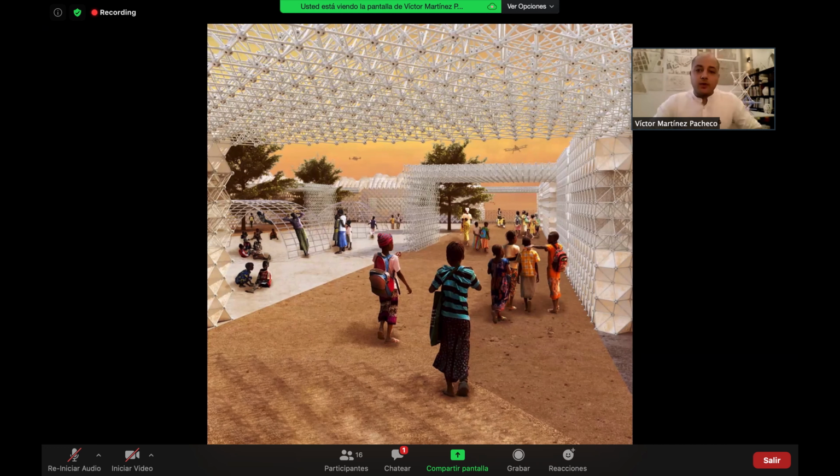Recycling and circular economy are definitely the future of the building, and we must include in these strategies the design for people and for the planet.